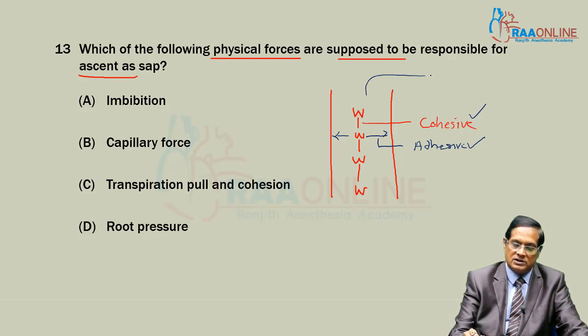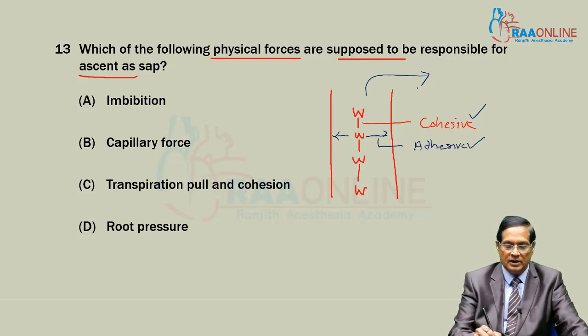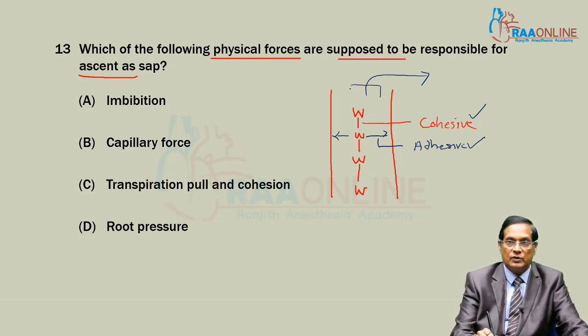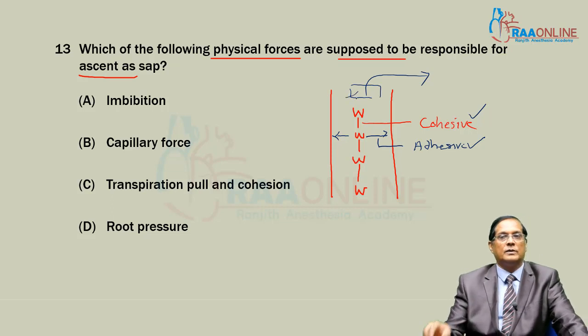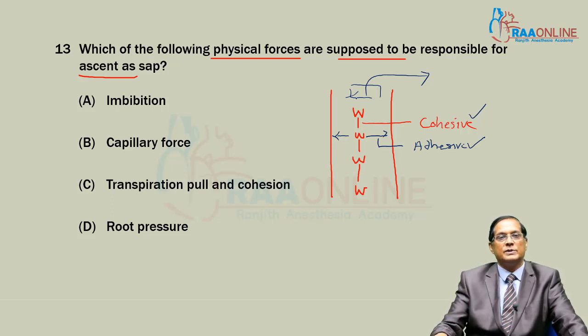When there is a loss of water by transpiratory activity, every cell maintains water and draws water from the surrounding area. If the water column continues, then water automatically lifts up due to transpiration pull.